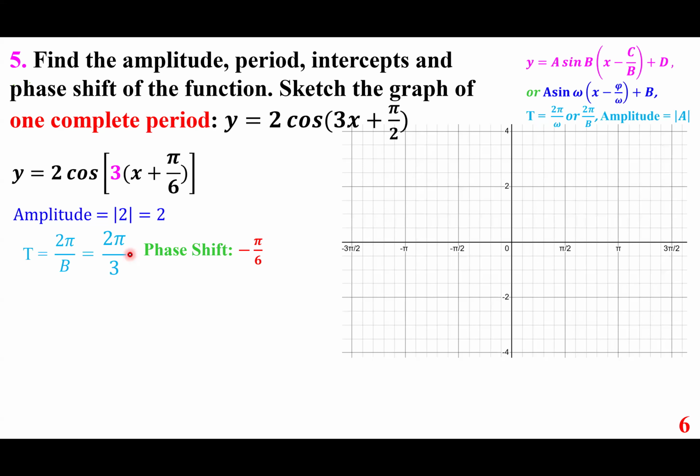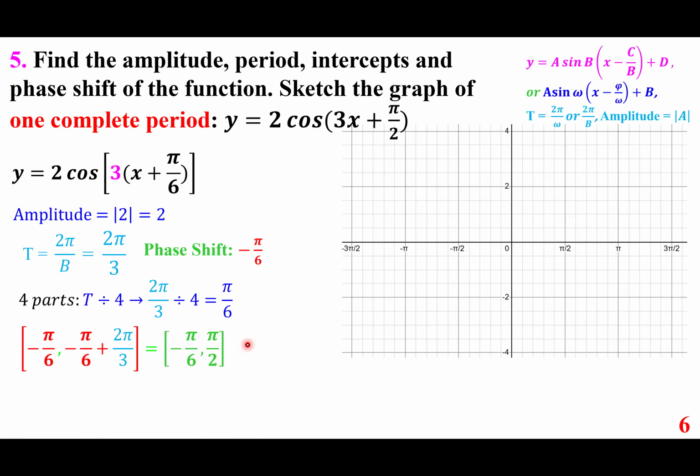So 2 pi over 3 divided by 4 becomes pi over 6. Now, we have to start from the phase shift, and we add. First, we add the period, which is 2 pi over 3. So we see that it goes from minus pi over 6 to pi over 2, because this one is 4 pi over 6 class. Everybody knows that, right?